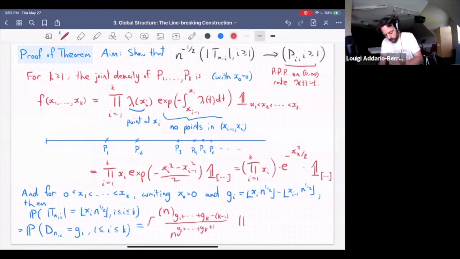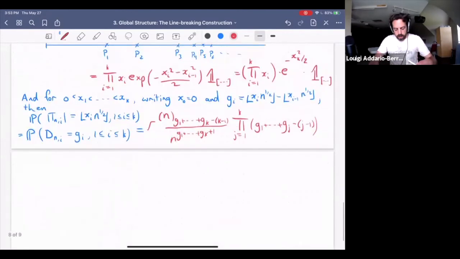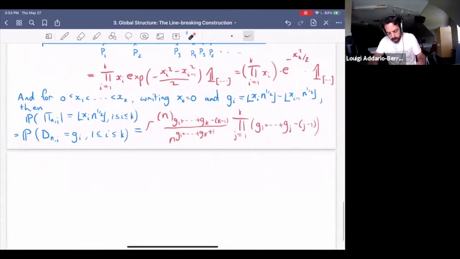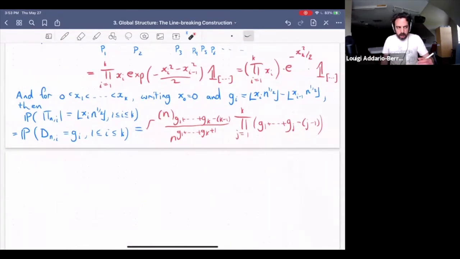So we had that ratio, and then we had a product, j from 1 to k, of g1 plus gj minus j minus 1. Right, so now we'd like to use the fact that gi is basically like xi minus 1 times n to the half to do asymptotics here.